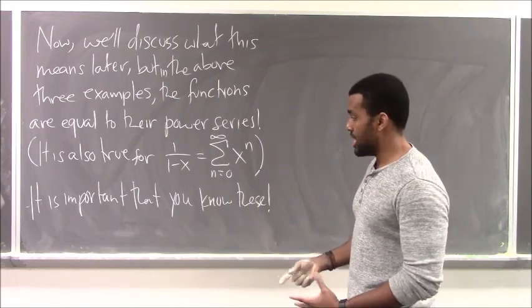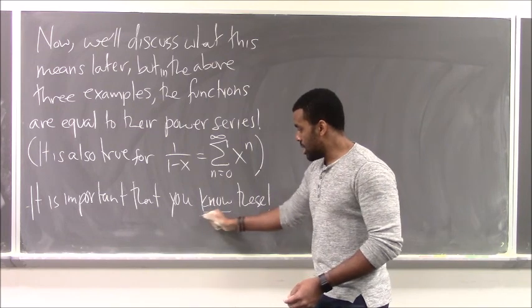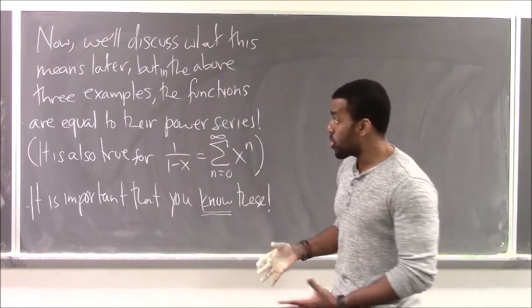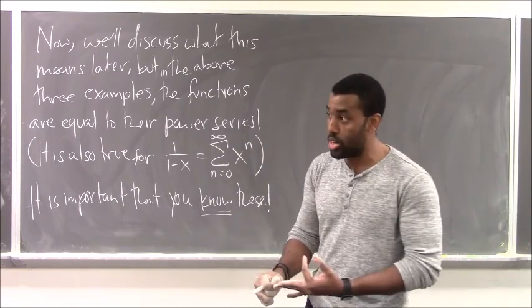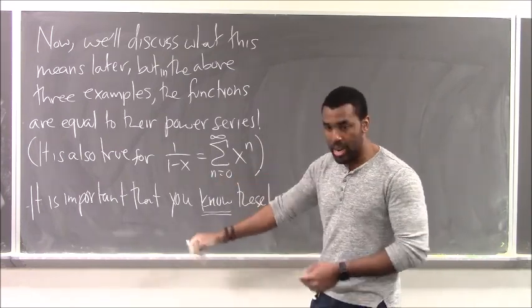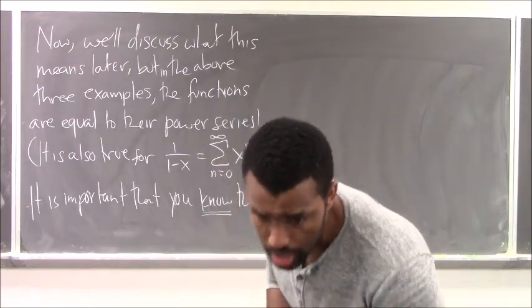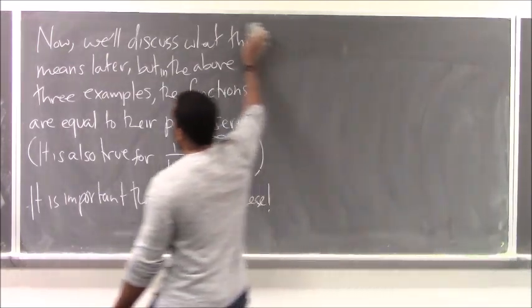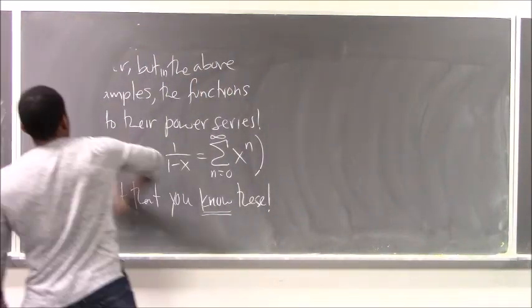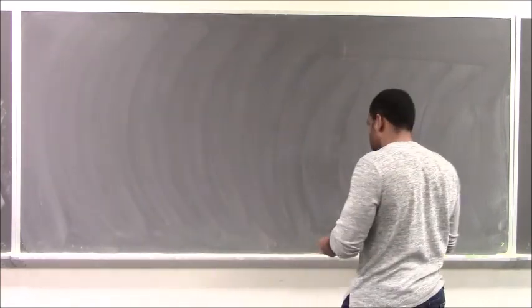We're going to talk about what that is, and it's also important that you know these, meaning from now on, these four examples: the Maclaurin series for e to the x, the Maclaurin series for sine x, the Maclaurin series for cosine of x, the power series for 1 over 1 minus x. These are things you should know by heart, and you should also know where they work. So here is what you need to know.